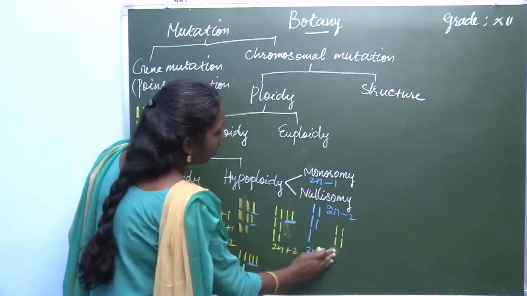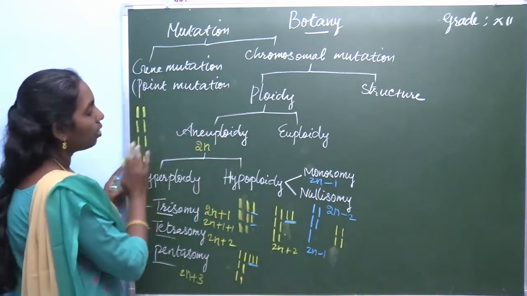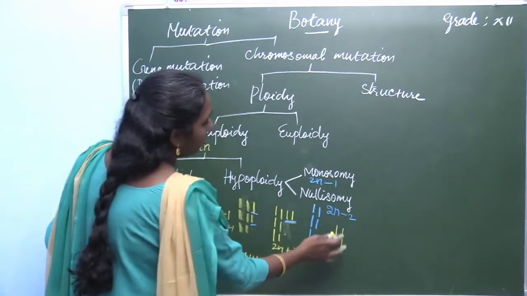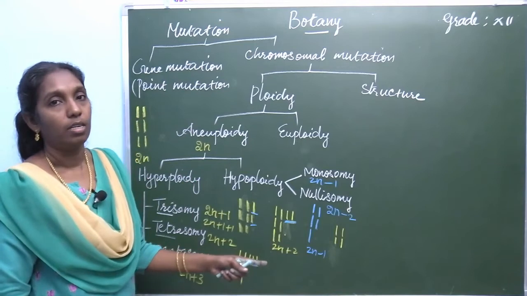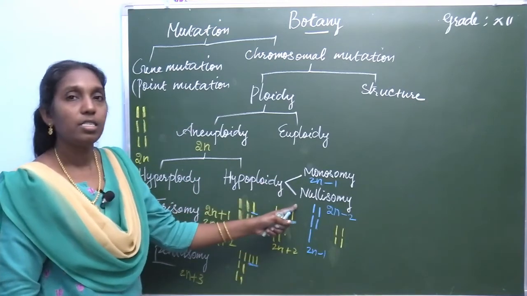Here it is 2n minus 1. So, monosomy and nullisomy.